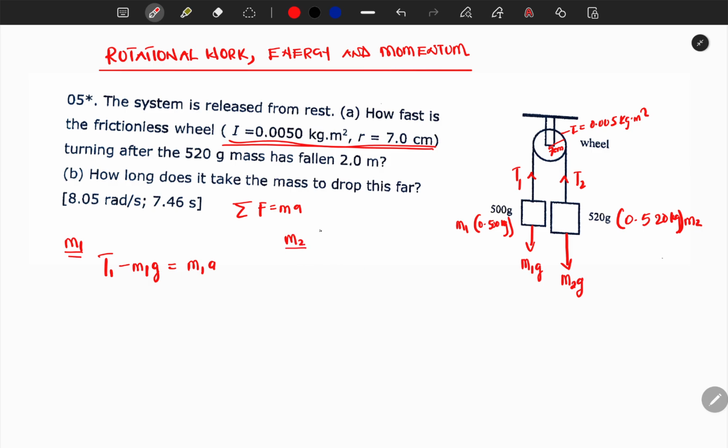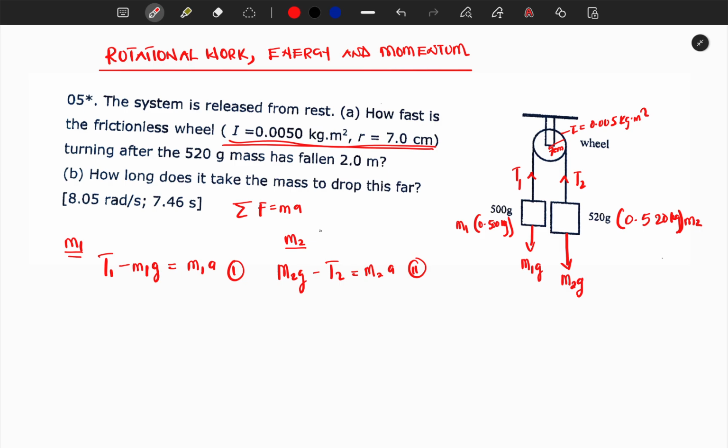For mass number 2, we have the same, but this time around the tension is smaller than the weight, because the weight is pulling down. So the weight is larger and the tension is smaller. This is our equation number 1, and we have our equation number 2. Equation number 3 is going to come from the wheel, where we relate torque, the moment of inertia and the radius.